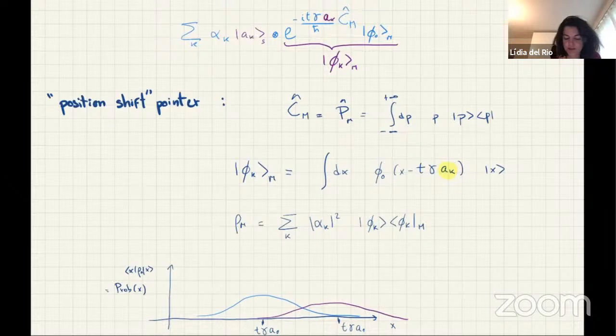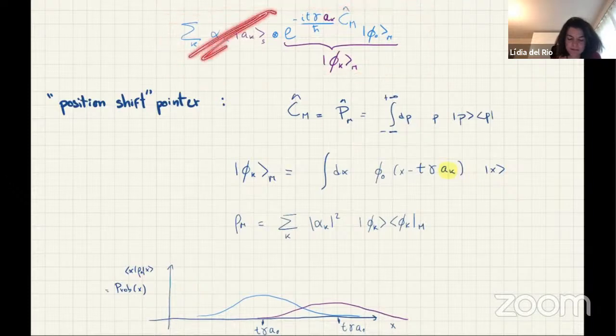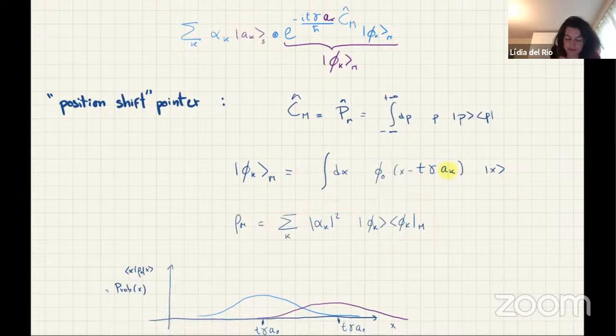And then we saw that this leads to a shift in the position of the pointer, right? Such that if you look at the final state, and you trace out the system, then what is left is just this incoherent mixture of the pointer settings. Now, depending on how peaked the initial state was, and on the value of this time t and constant g, then we had more or less overlap between the peaks corresponding to different outcomes, right?